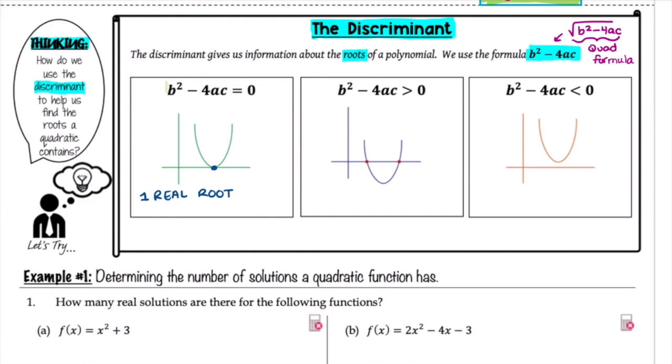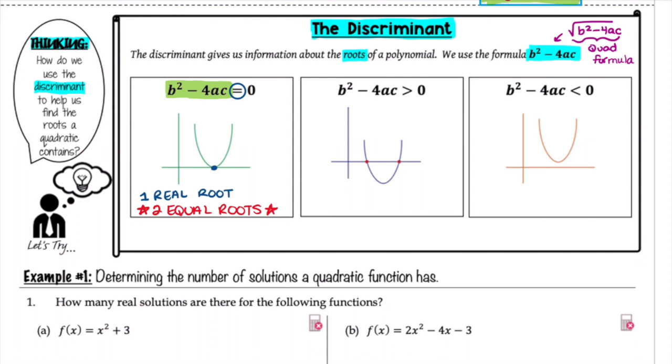If I do b squared minus 4ac for that quadratic, and if it is equal to 0, that means that I have one real root. Sometimes you will see two equal roots. Why two equal roots? Because we are dealing with a quadratic, and a quadratic's exponent is 2, meaning there's always two solutions. So in this case, there'll be two equal solutions.